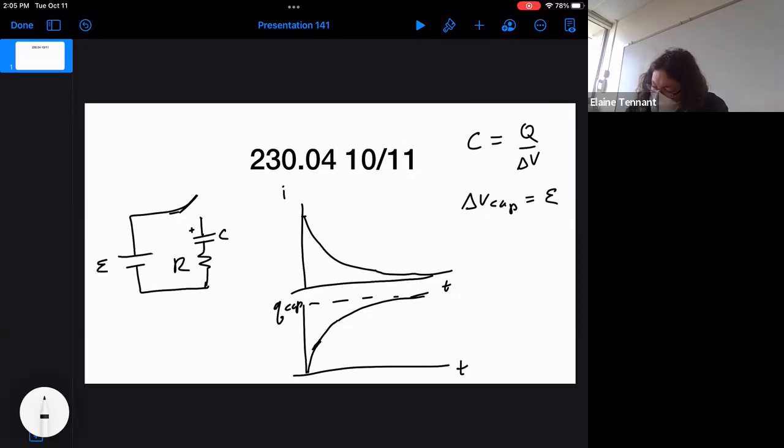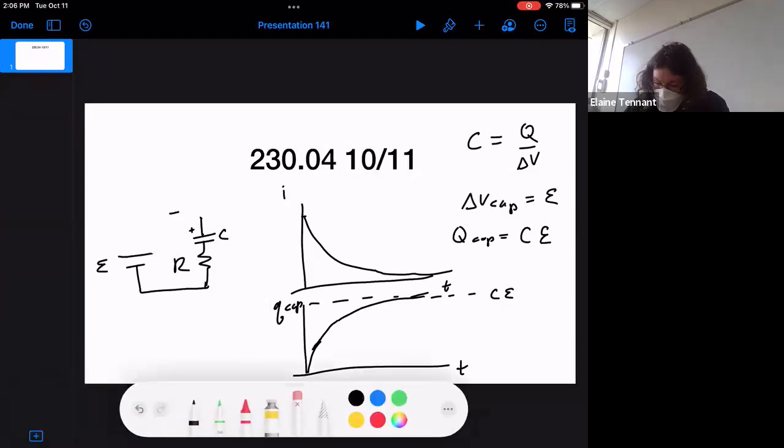At that point, the charge on the capacitor is the capacitance times the battery voltage, since the voltage of the capacitor is equal to the battery voltage. Okay, this all seem kind of familiar?